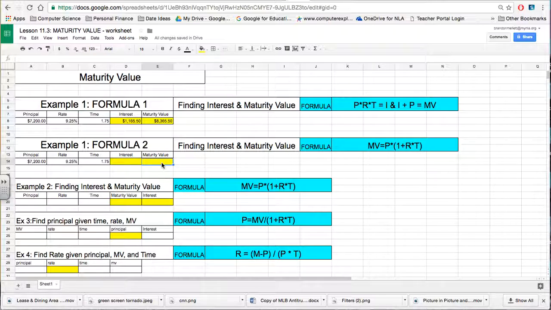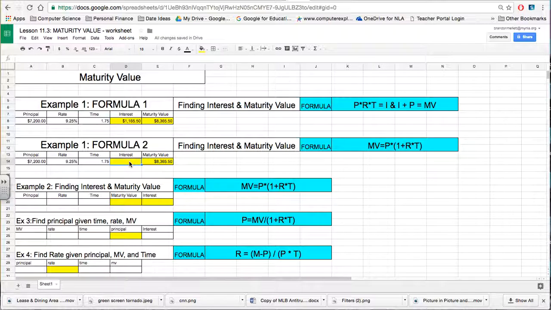So let's try that. Equals principal times parentheses 1 plus rate times time parentheses enter. And we would get the same answer from here to here. So all this does, it gives us a formula to jump straight to the maturity value.